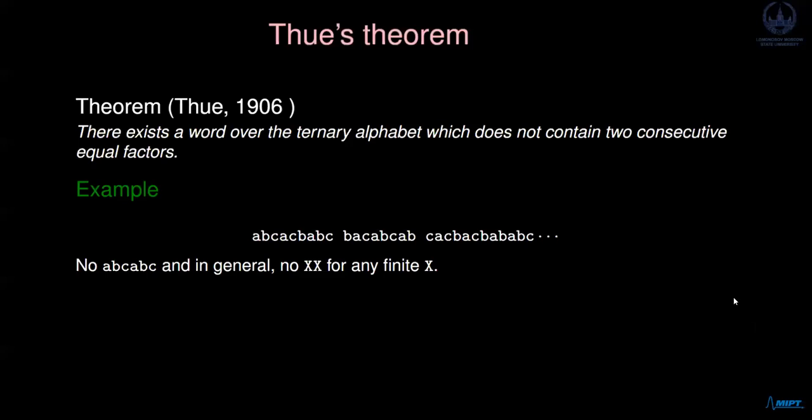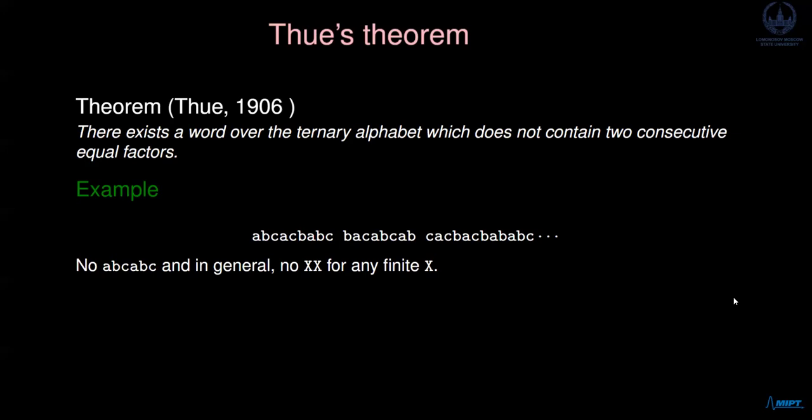Now that we have introduced Thue's theorem, let's look at an example to make the concept clear. As the theorem states, we can construct a word over a ternary alphabet, meaning using three different symbols, such as A, B, and C, that does not contain any two consecutive equal factors.